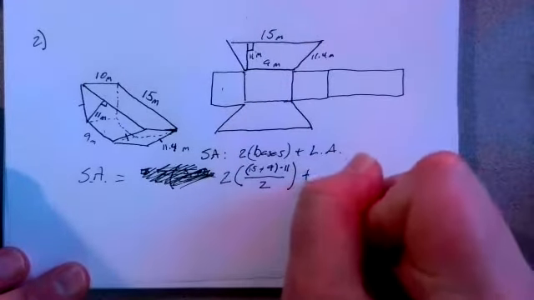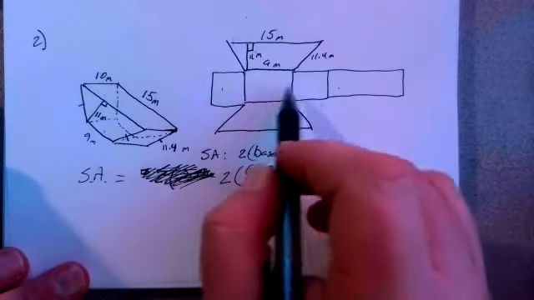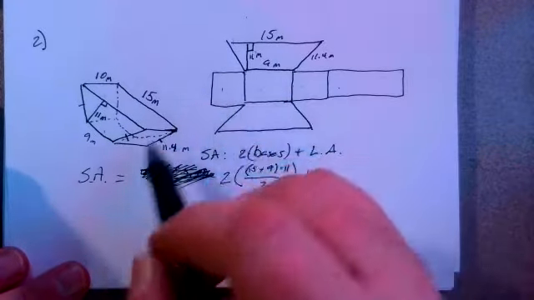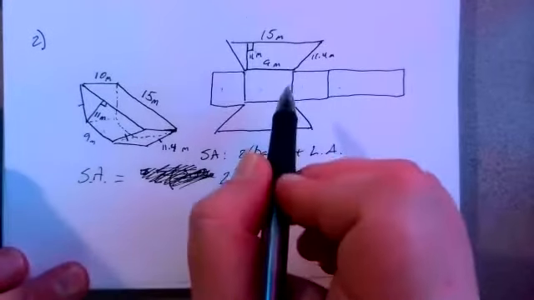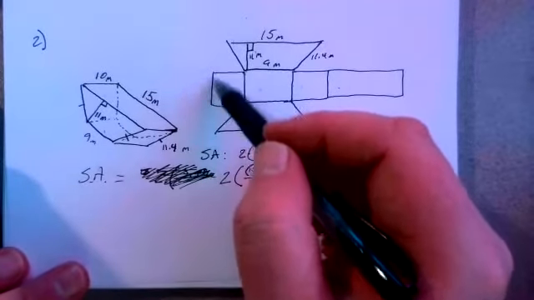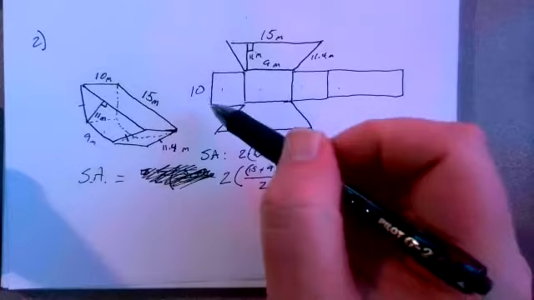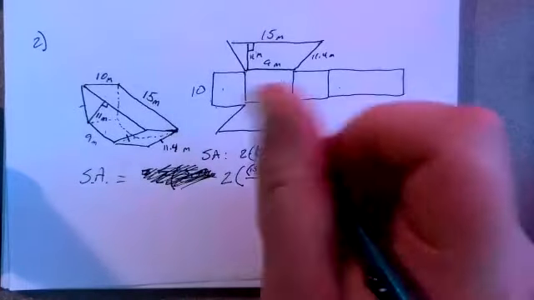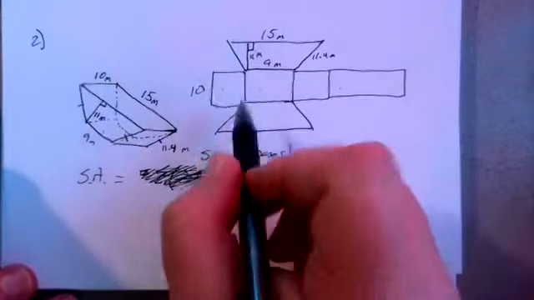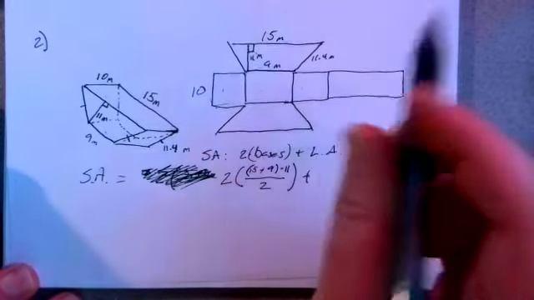Good. Plus, now I need the lateral area. The lateral area, that's this in the middle here. So looking at this, I know that the width of our lateral area is going to be 10 meters. So I have a 10 here. So length times width, 10 times, and now I need to add up all 4 of these, okay?